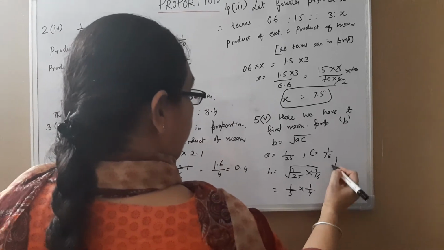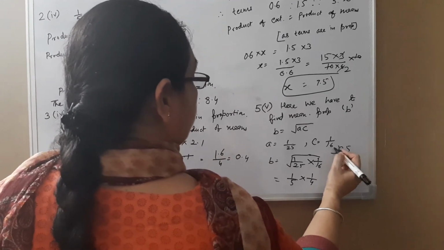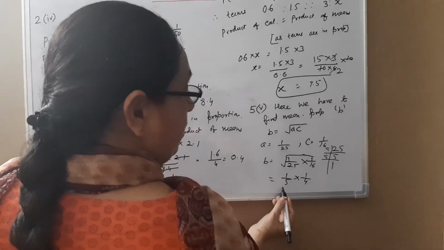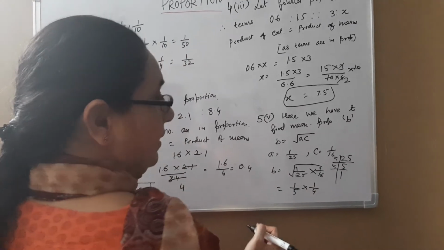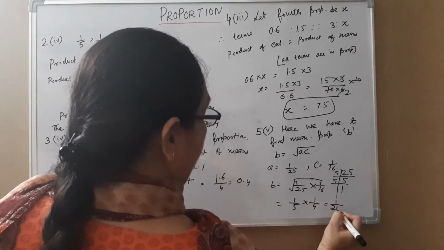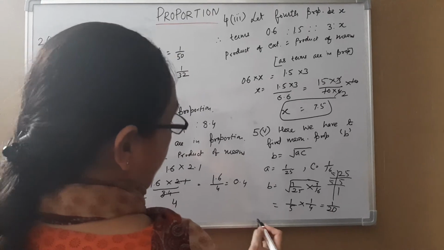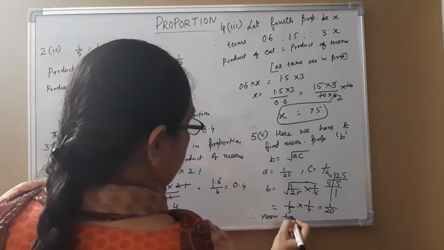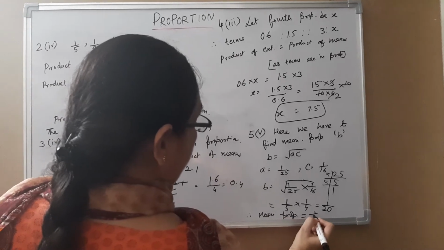Or if you don't know, 25 is 5 into 5, so the square root of it is 5. Similarly, the square root of 16 is 4. So we got 1 by 20 as B. So the mean proportion is 1 by 20.